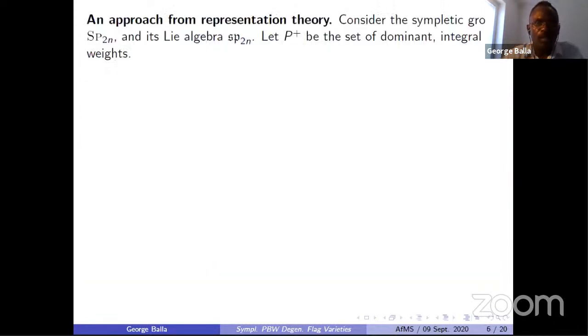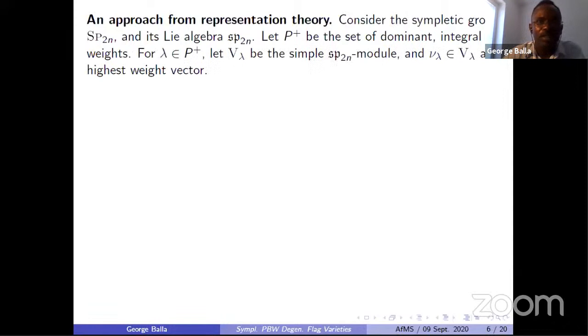Now, before we go on, we would like to give an approach from representation theory, because it will be useful for us. If we consider the symplectic group, and we take its Lie algebra, and we take the set of all dominant integral weights, then for every dominant integral weight, we have a simple module.